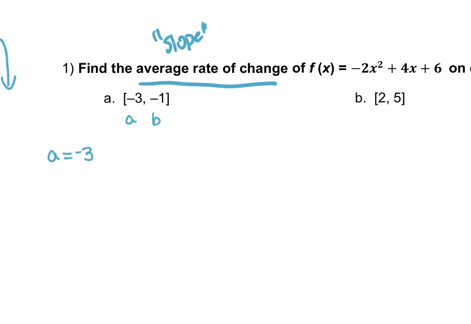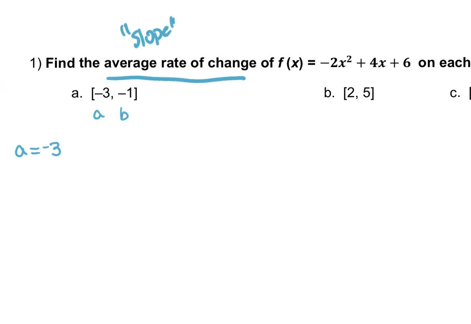So if we plug a equals -3 into that function, then we get -2 times -3 squared plus 6. So -3 squared is 9 times -2, so -18 minus 12 plus 6.